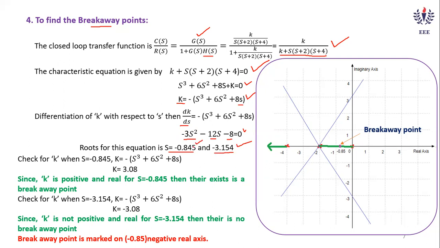Now we need to substitute these roots into the K equation and check the value of K. Based on the value of K, we can say whether we have a breakaway point or not. First, check the value of K when the root is s = -0.845. Substituting this s value, we get K = 3.08.